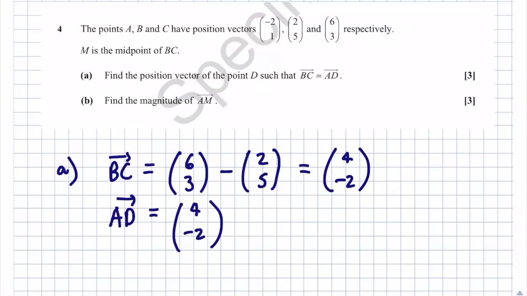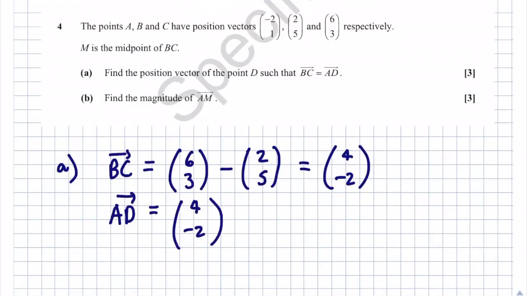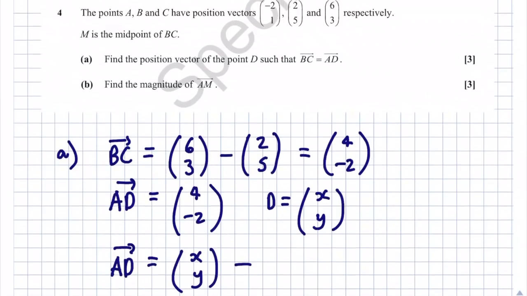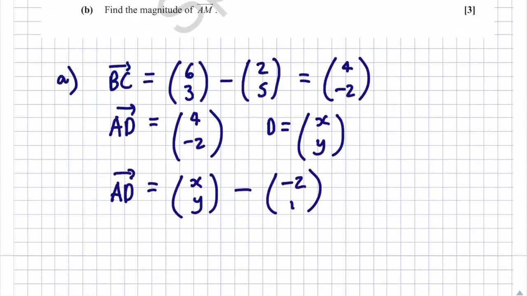To work out the position vector of D, we could define D as a vector with components x and y. The vector AD is the position vector D, (x, y), minus the position vector of A, which is (-2, 1). Simplifying this into one vector, AD is equal to (x plus 2, y minus 1). And remember, the vector AD is equal to (4, -2).